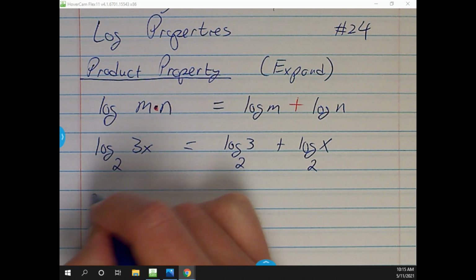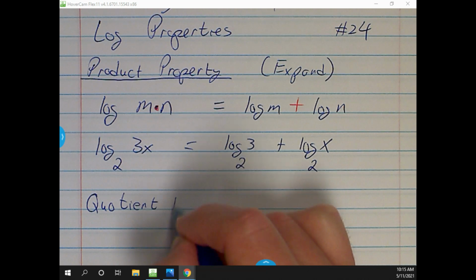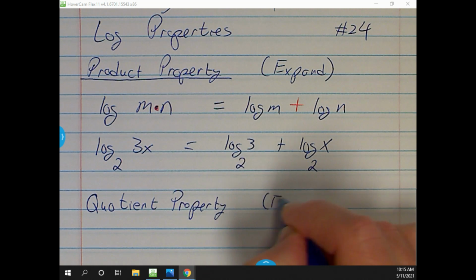Second thing we'll do is the quotient product. Or sorry, quotient property. Again, we're going to ask you to expand.